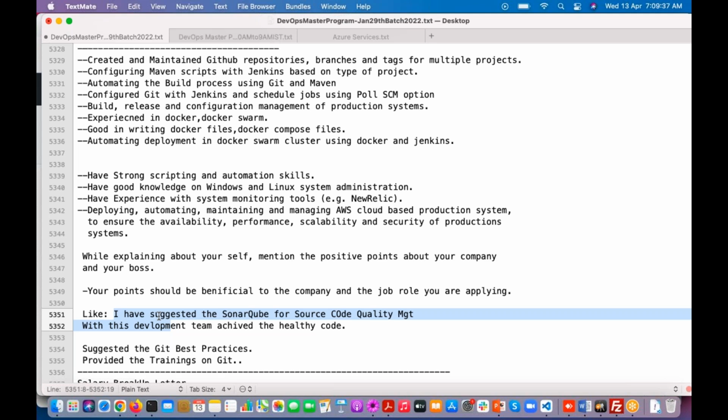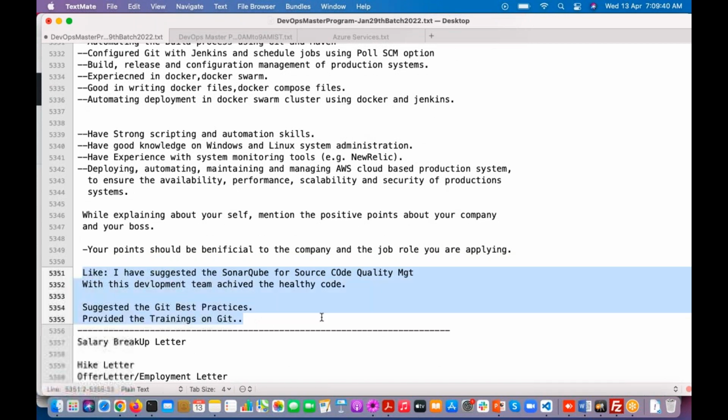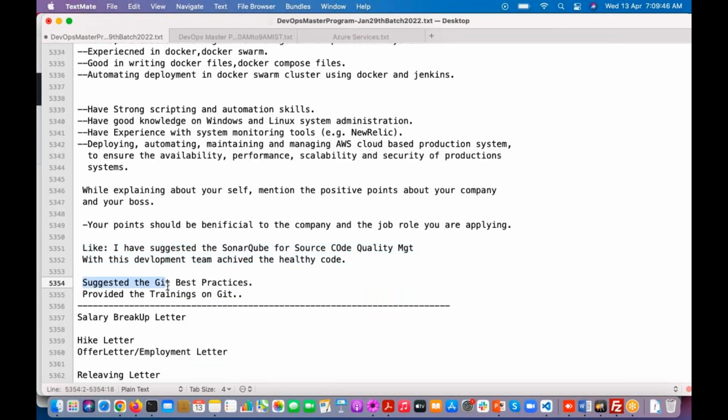Even you guys, if you want, can use the same sentence and just tell them you suggested Git best practices. You already know what best practices you have used in Git, and you provided trainings on Git and GitHub.